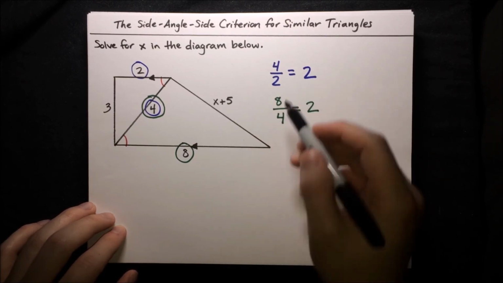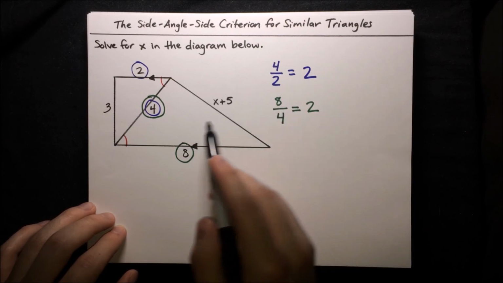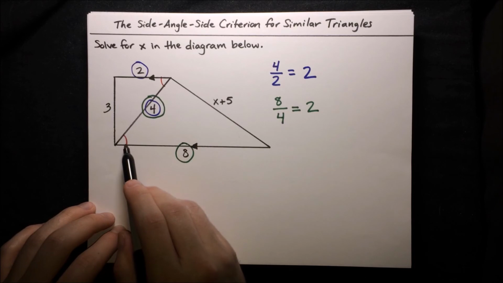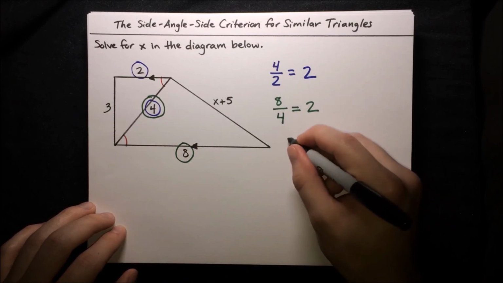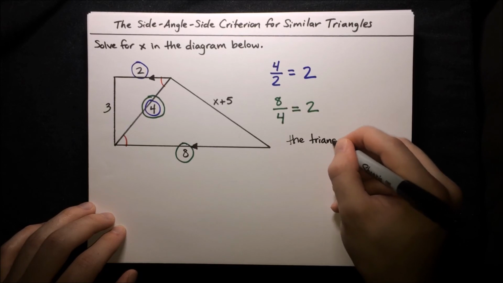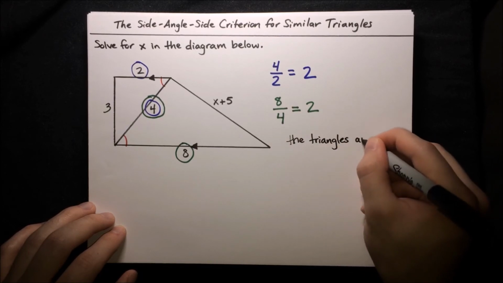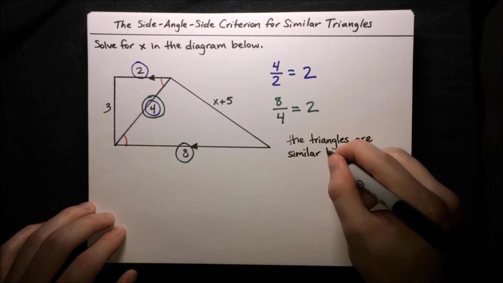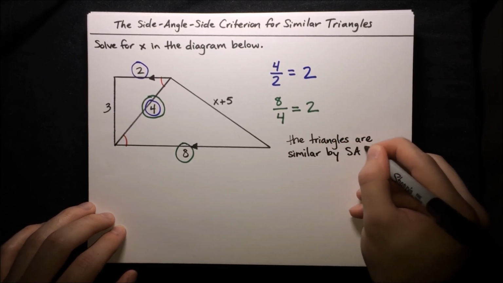Since we have two pairs of corresponding sides with the same length ratio, and their included angles are congruent, we can conclude that the triangles are similar by side angle side.